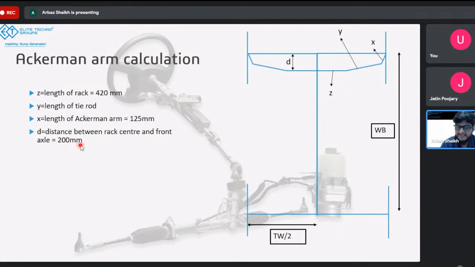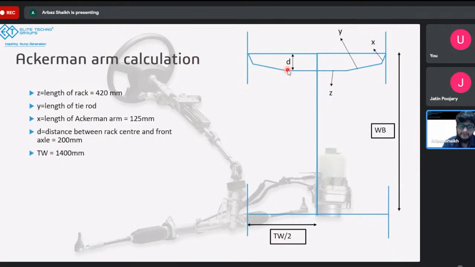Here we have D as 200. Try changing this value to 250, 225 or even 300 and see what the final effect would be. These calculations I have done previously, which is why I'm showing you the final iteration. Initially we assume these values, do the calculation, reiterate the process, and then come to the final end of my design.